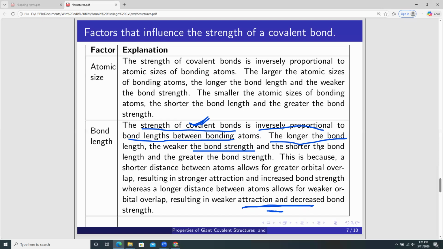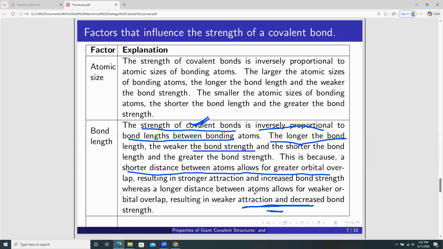And the shorter the bond length, the greater the bond strength. Why are we saying that? A shorter distance between atoms allows for greater orbital overlap, resulting in stronger attraction and increased bond strength.